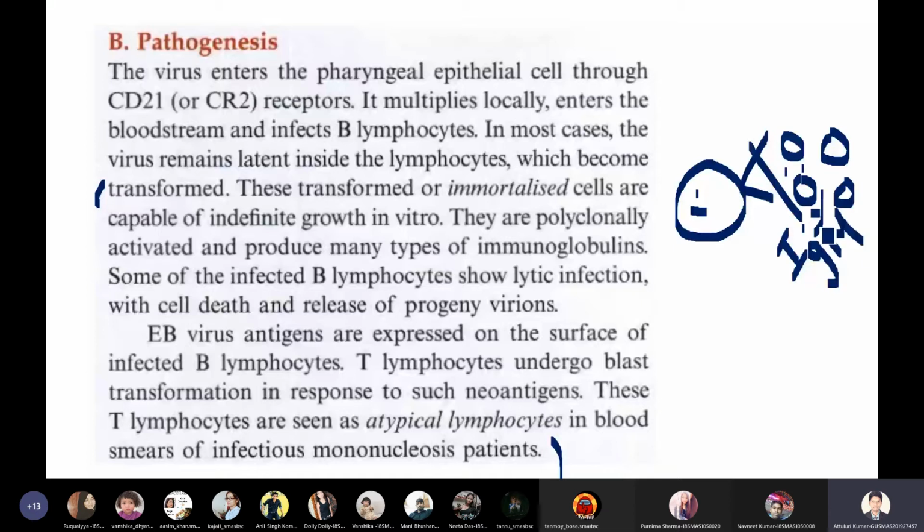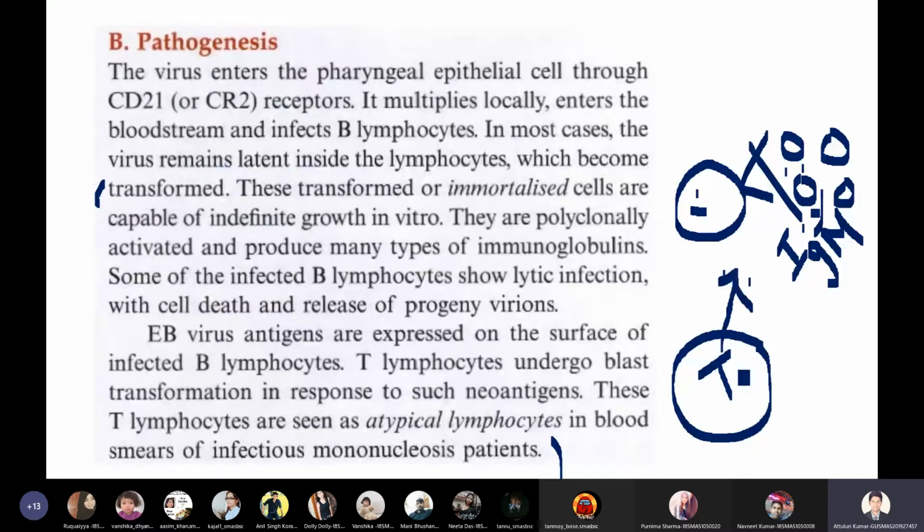At the same time, this virus will release new antigens. These new antigens are called neoantigens, and these neoantigens will trigger the T lymphocytes. The T lymphocytes will try to attack the virus.